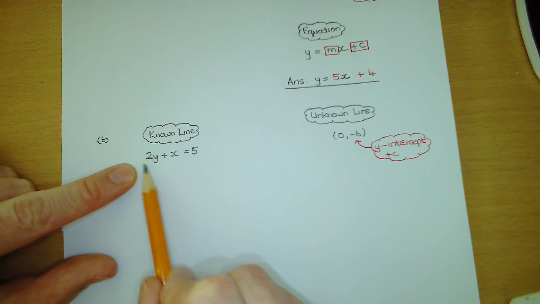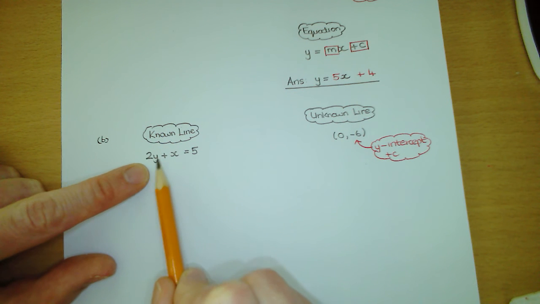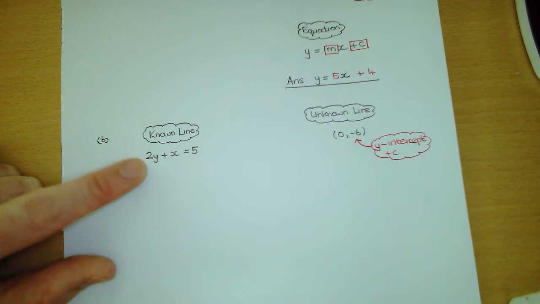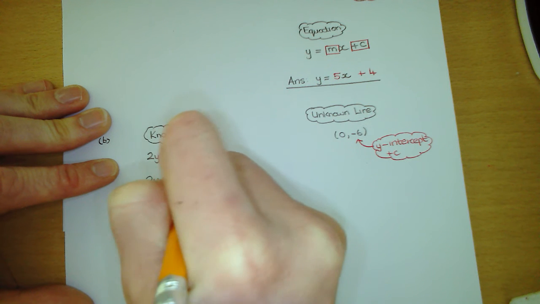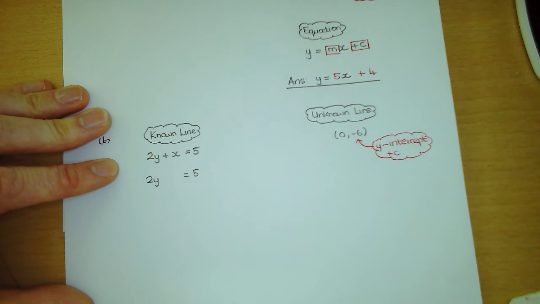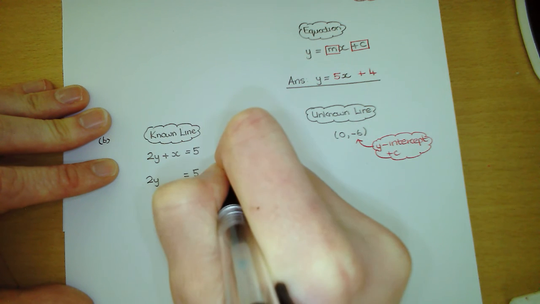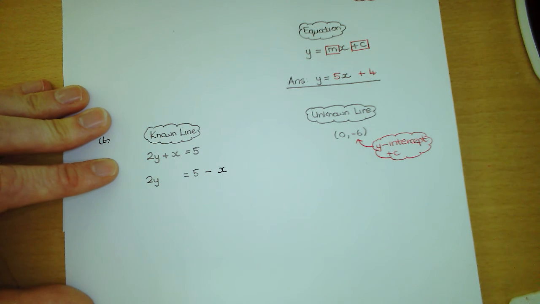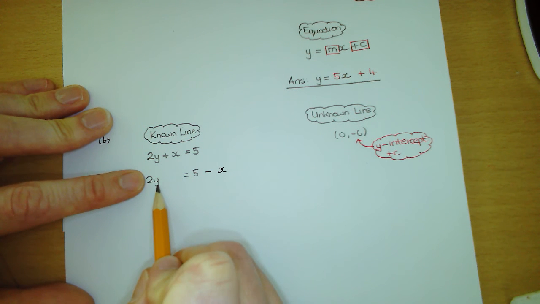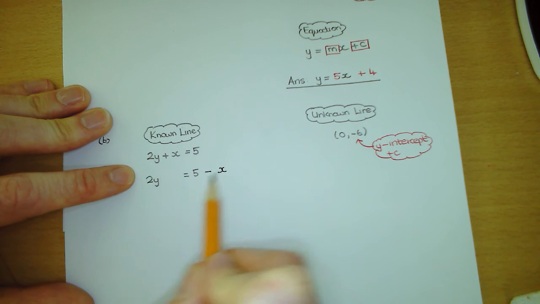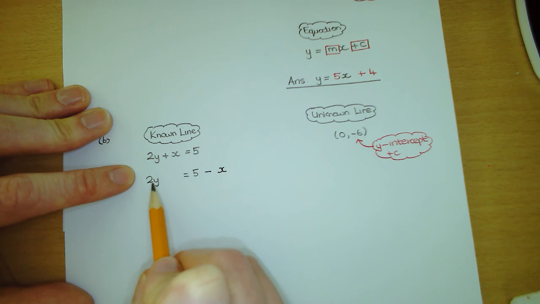So we've got to go to our known line and rearrange it. So check, y term is positive, so we're going to keep it where it is. So we're going to move plus x to the other side. So we're going to get 2y is equal to 5 and then minus x. So we've got that. Now, in order to get y by itself, we're going to have to divide everything, both sides, by the coefficient of y.